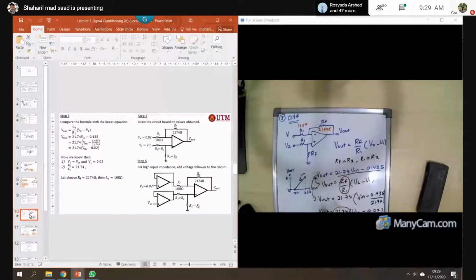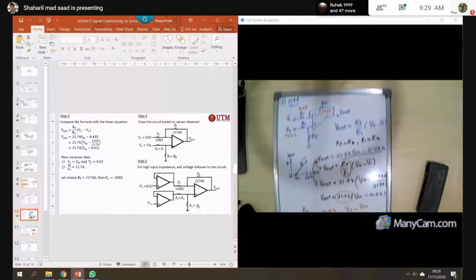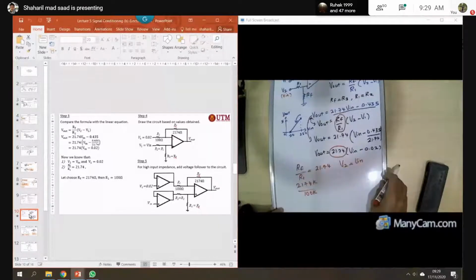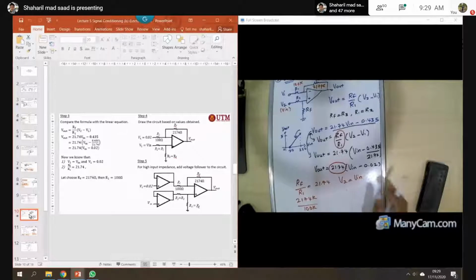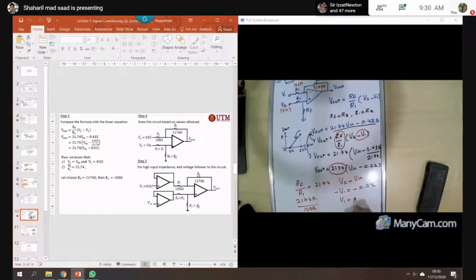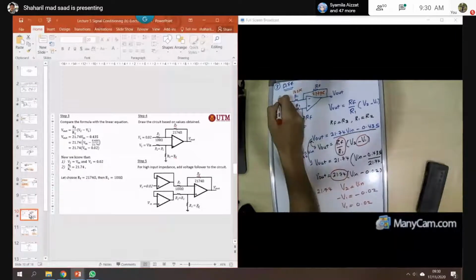And another one is minus V1, please take the minus also, which is equal to minus 0.02. Then you get V1 equal to 0.02. So the input here is 0.02.